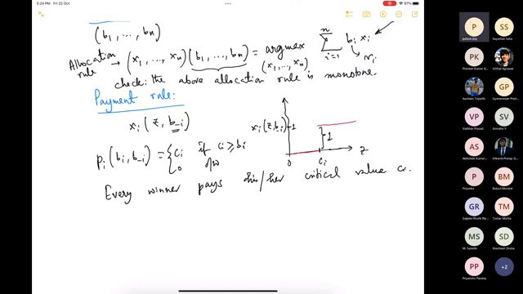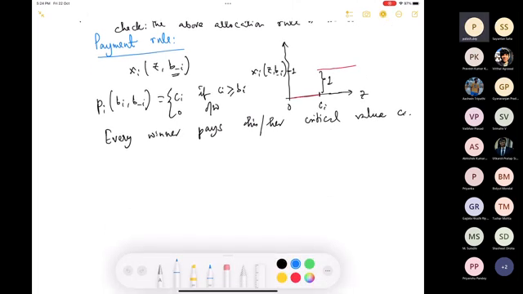So does this auction now satisfy all our desirable properties? So what are the desirable properties? Let's recall. First one is DSIC. Second one is social surplus maximization.